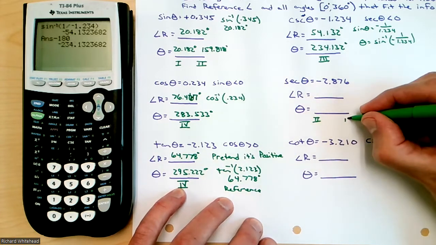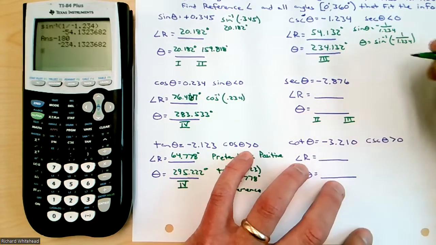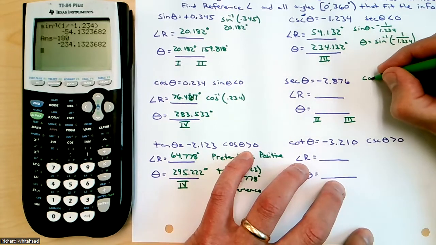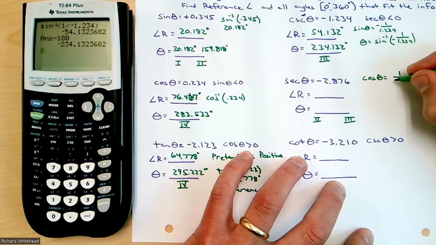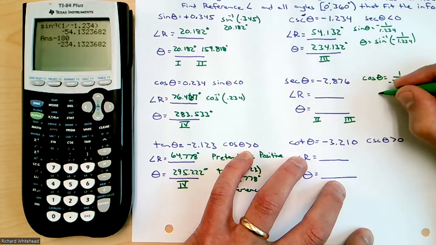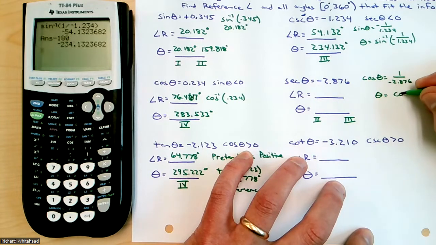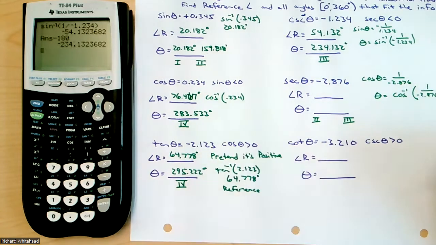Second and third, so this is going to have two answers. I'm going to change secant to a cosine, so my work is inverse cosine 1 over negative 2.876.